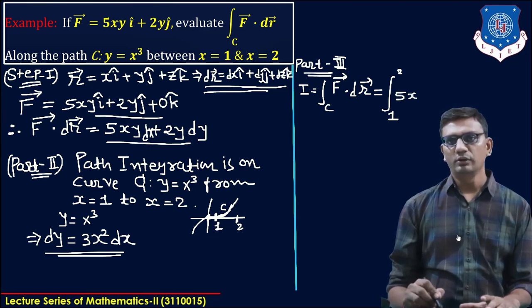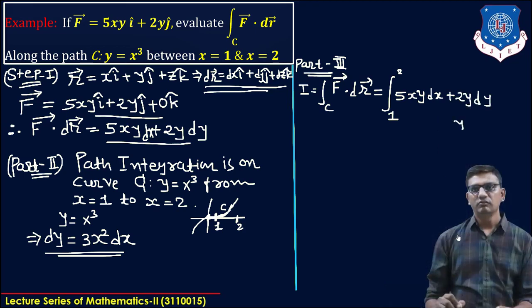So 5xy dx plus 2y dy, and y equal to x cube we put in this integration, and dy equal to 3x square dx.